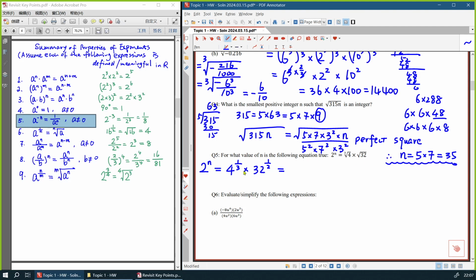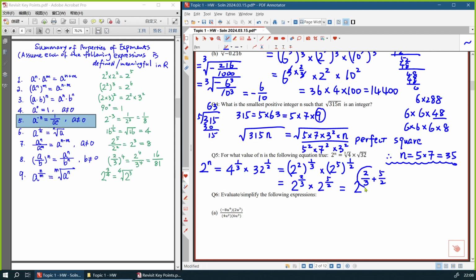And we also know 4 is 2 to the power of 2. And 32 is actually 2 to the power of 5, right? Then to the power of 1/2. Then we can combine the right side to 2 to the power of 2/3 times 2 to the power of 5/2, right? So that equals 2 to the power of 2/3 plus 5/2.